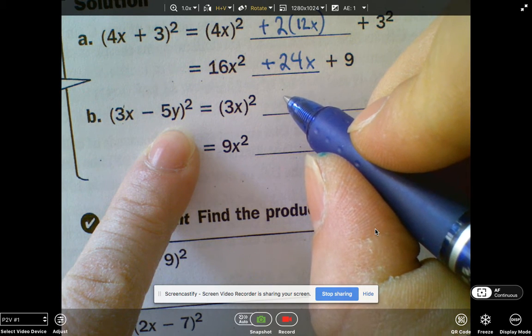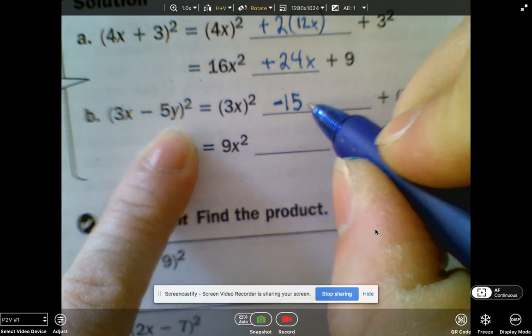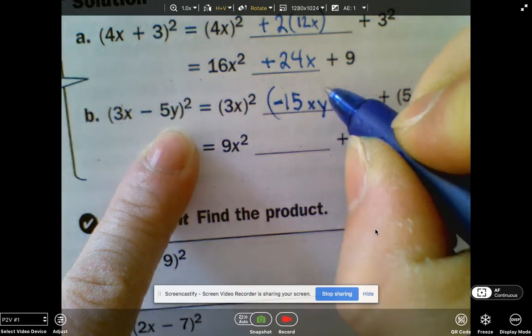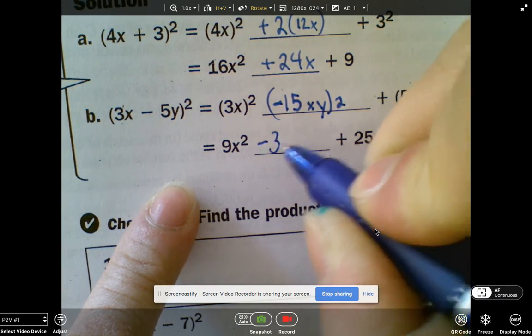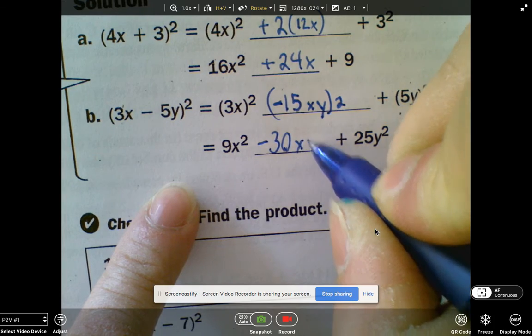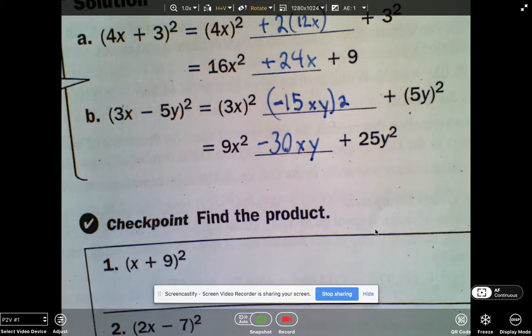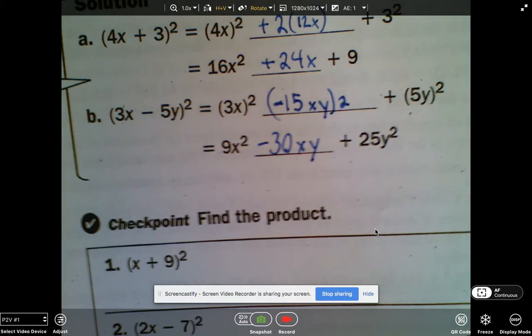This is going to be negative 15xy, and then you have to double that. So did you get negative 30xy for the middle term? If you did, that's pretty impressive. All right, we'll pause the video again and have you try these checkpoints.